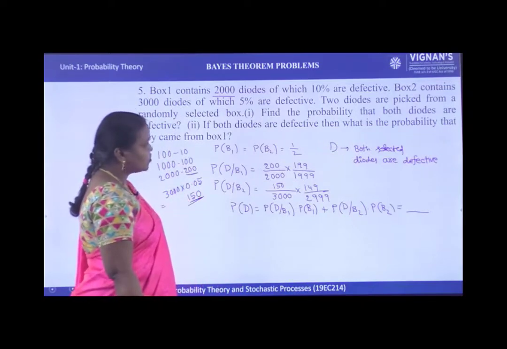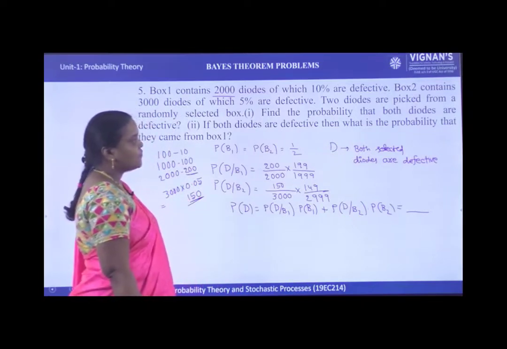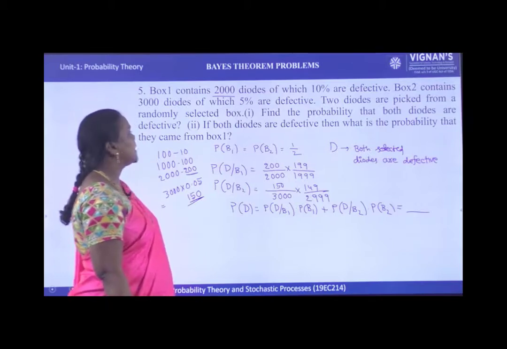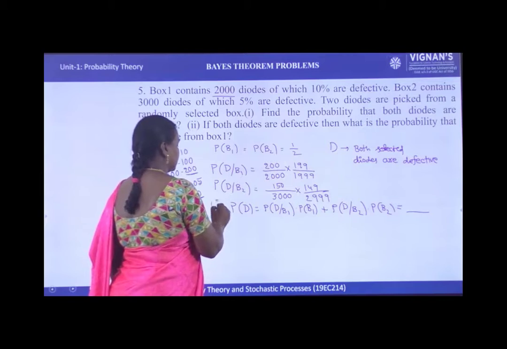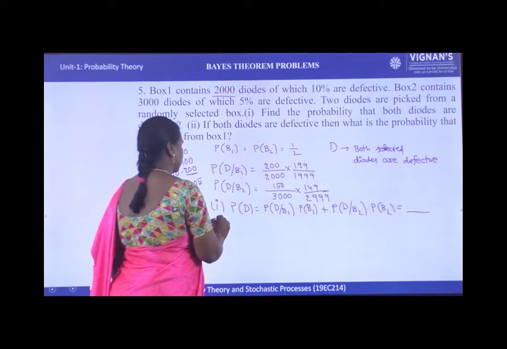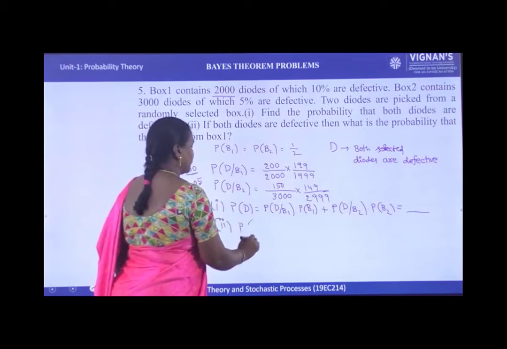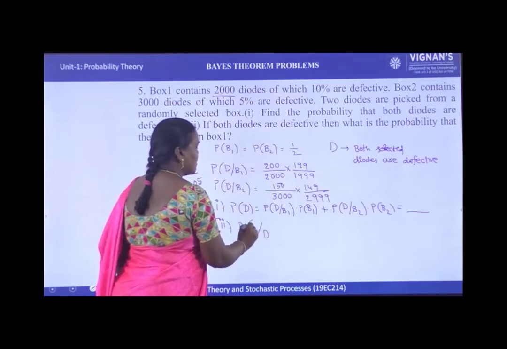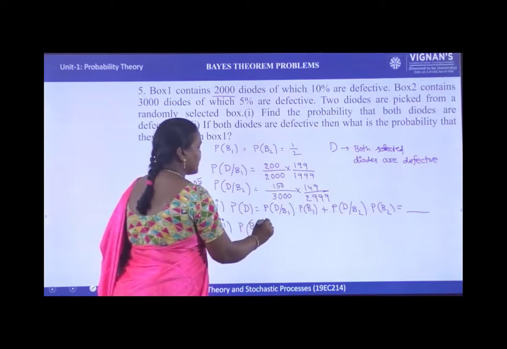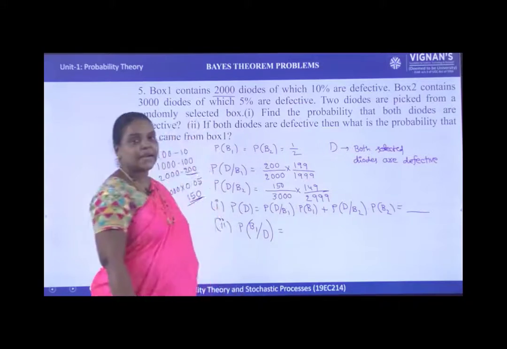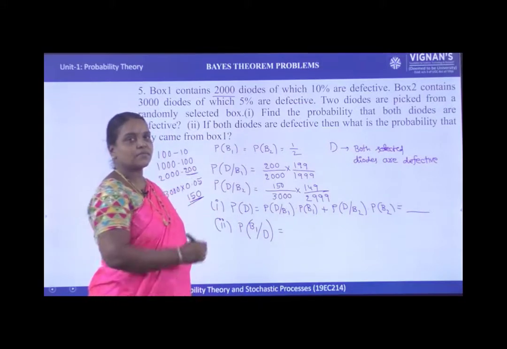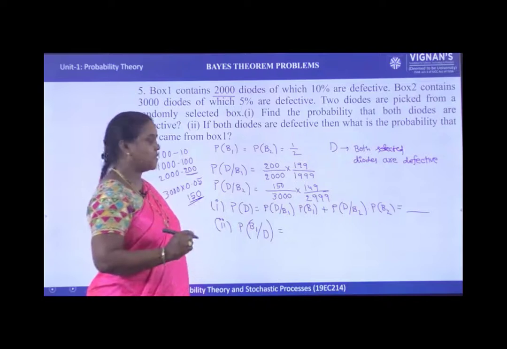Next, if both diodes are defective, what is the probability that they came from box 1? Here we need to find the conditional probability, which means we have to apply Bayes theorem.